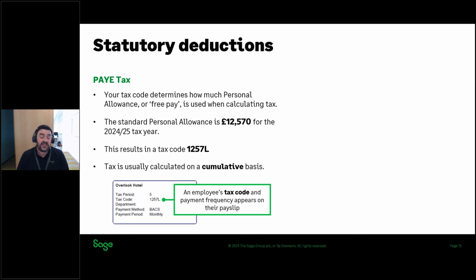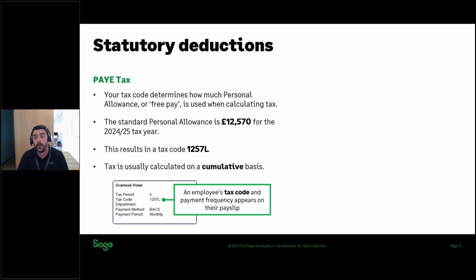Now, the personal allowance that you see in there is an annual allowance, as are the tax bands that I will show you in just a moment, but tax is usually calculated on a cumulative basis. So these allowances and tax bands, although they're published as yearly amounts, in practice, they are spread out throughout the year.